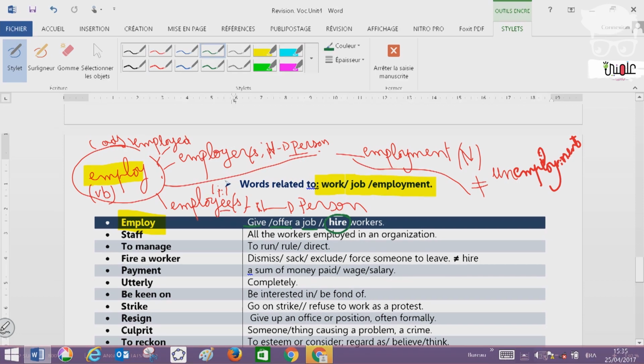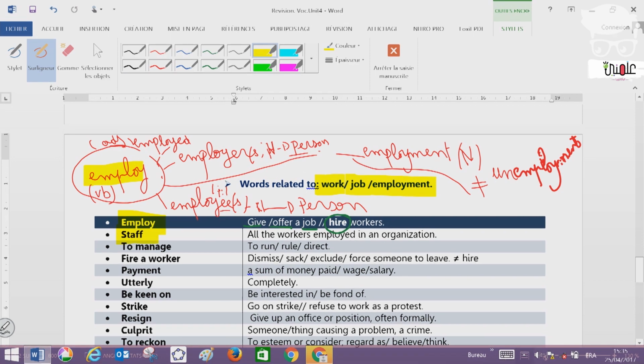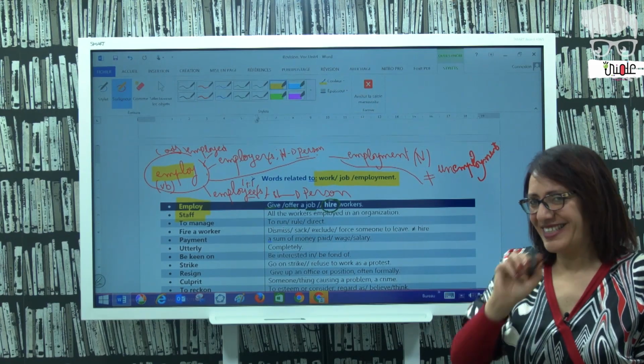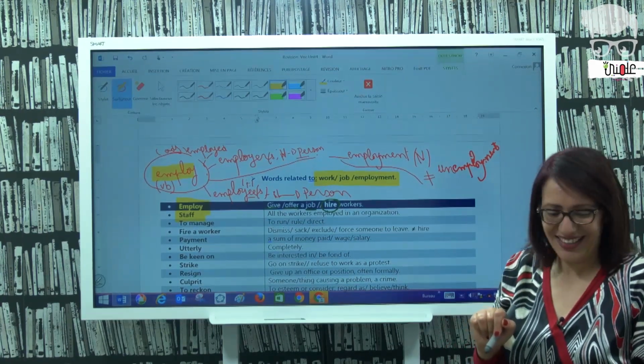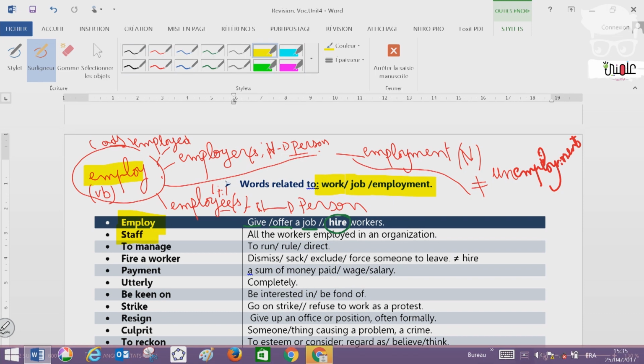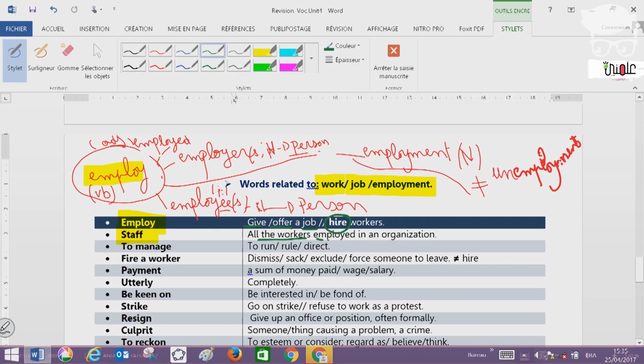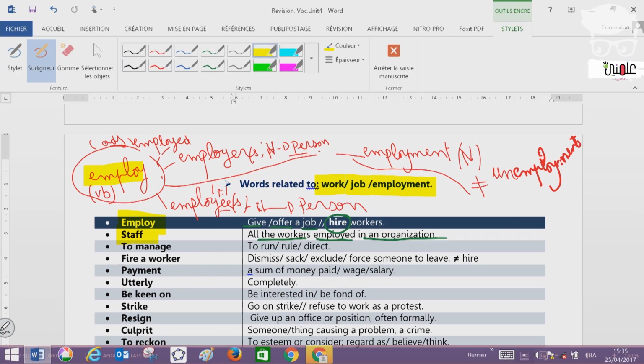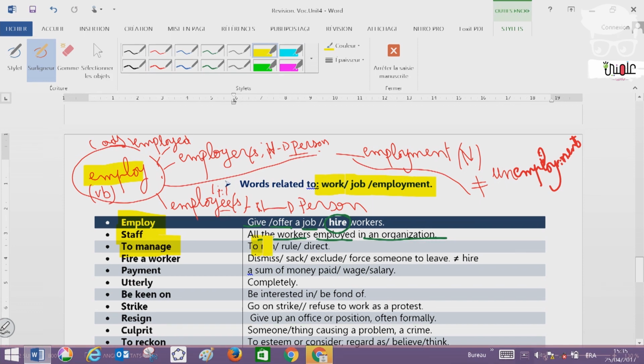All right, staff. Better for that word with A, because you may come across the word staff with you. That's another thing, and we will see it again. Good, right, staff. Staff, all the workers employed in one organization or one company. To manage. All right, and the word is a verb. That's to run, to rule, to direct.